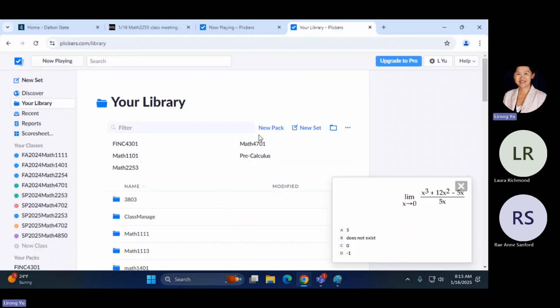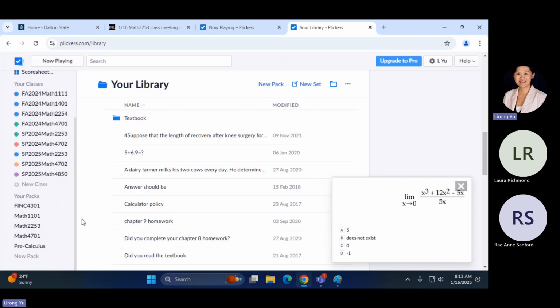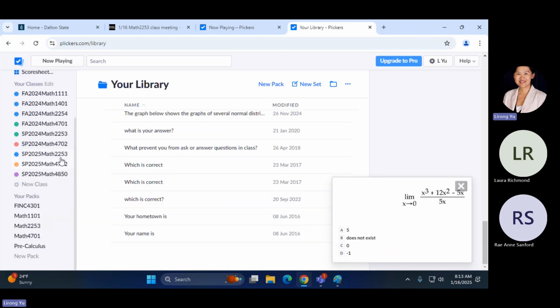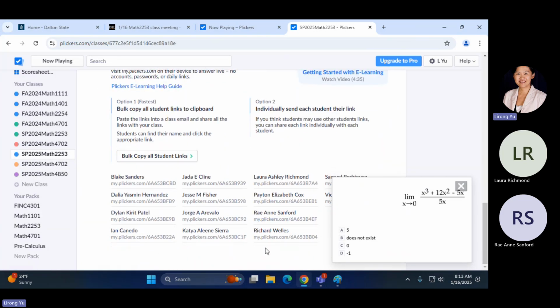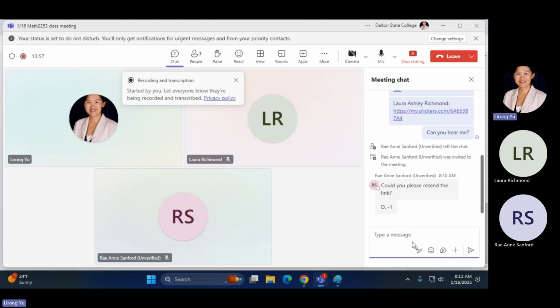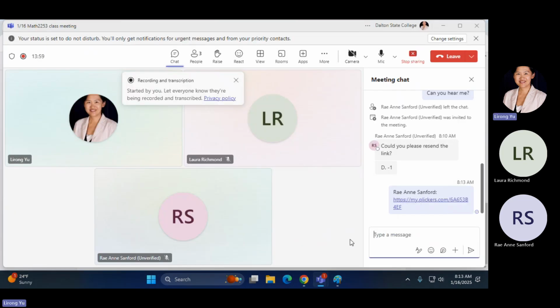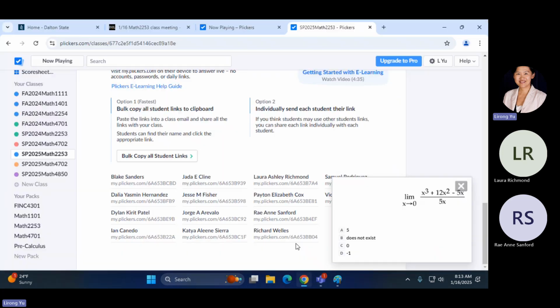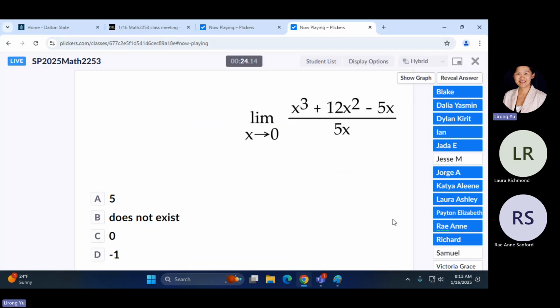That way, next time when you are attending virtually, you will be able to go to it without having to spend a lot of time figuring it out. Okay, I guess you re-entered the chat. That's why it's hard for you. Okay, let's try again. Okay, I see. All right. Looks like your answer is being recorded. The answer should be -1.